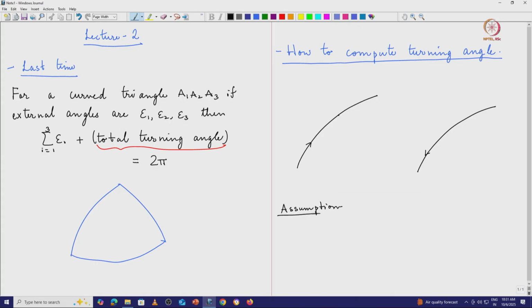Throughout this lecture, my standard assumption is that gamma is a smooth path which is arc length parametrized.